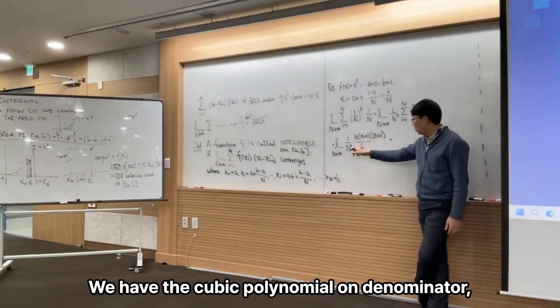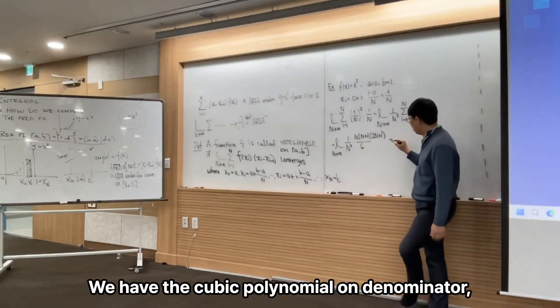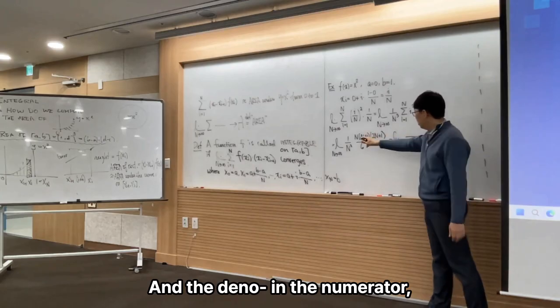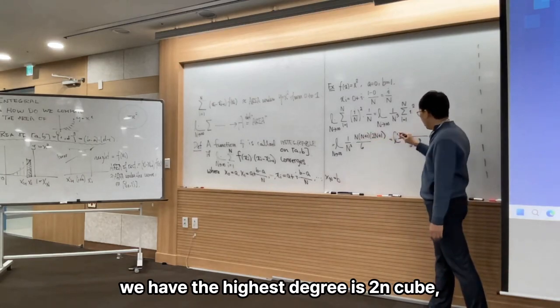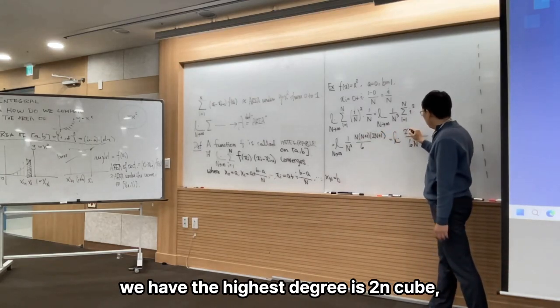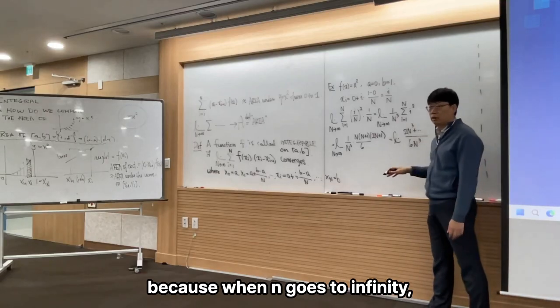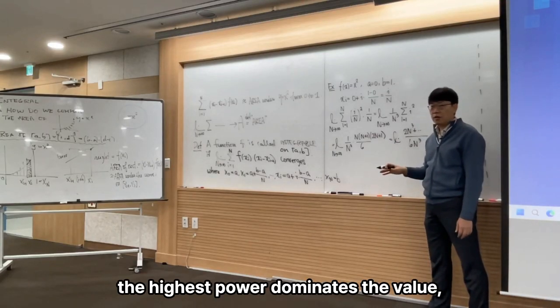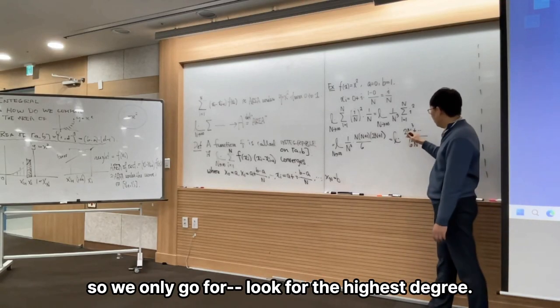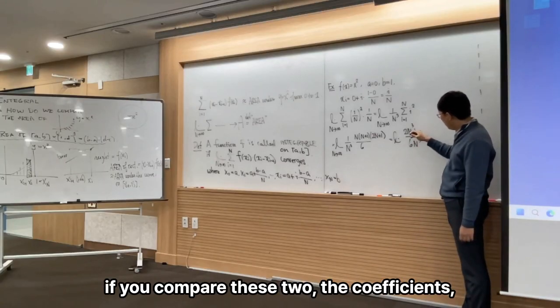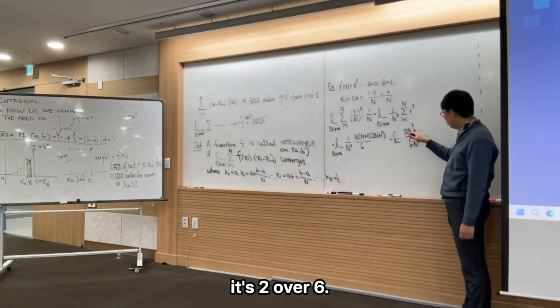We have the cubic polynomial in the denominator, 6n cubed. And in the numerator, the highest degree term is 2n cubed. I don't care about the rest, because when n goes to infinity, the highest power dominates the value. So we only look for the highest degree. If you compare the coefficients, it's 2 over 6.